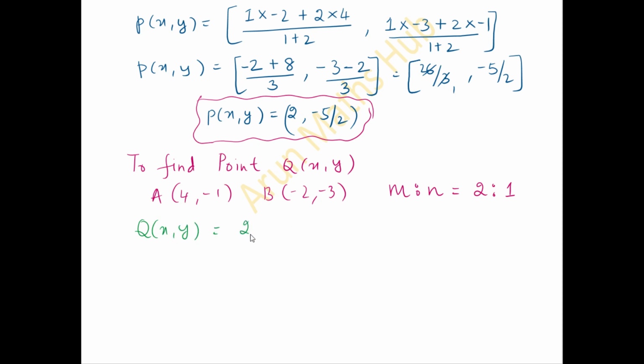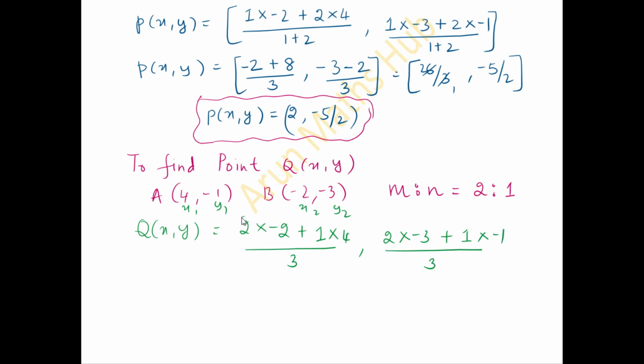What is m? m is 2. x2 is minus 2 plus n is 1 into x1 is 4, divided by m plus n, that is 2 plus 1 is 3. Then m y2: m is 2, y2 is minus 3, plus n y1, n is 1, y1 is minus 1, whole divided by 3.